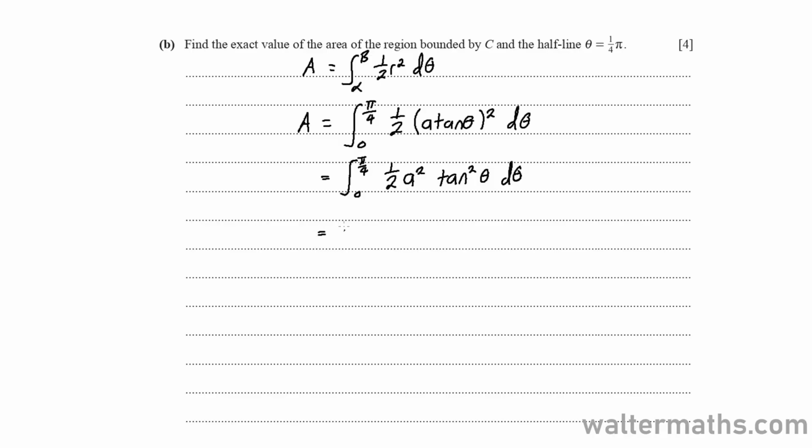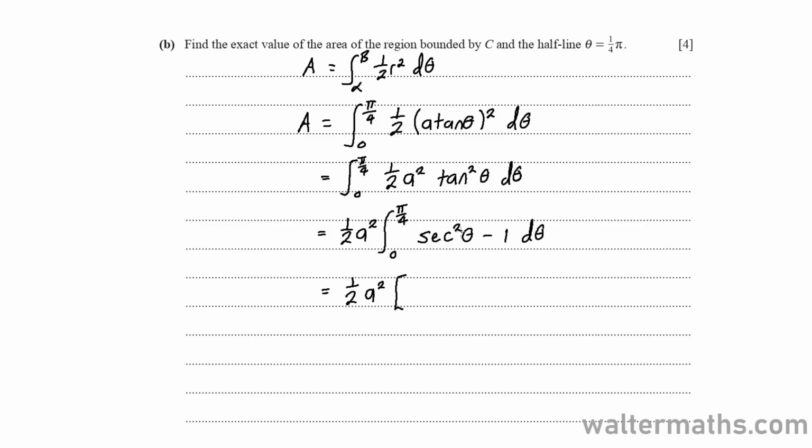And I can take out the half a squared, so it will be half a squared of the integral from 0 to pi over 4. And as for tan squared theta, I'll use the identity to say it's equal to sec squared theta minus 1, with respect to theta. So next, I'll be having half a squared, and now we can integrate sec squared theta.